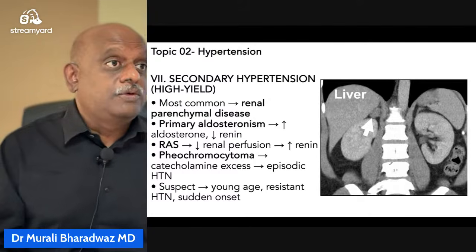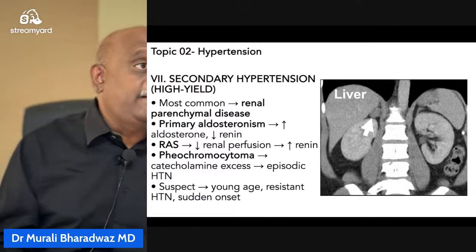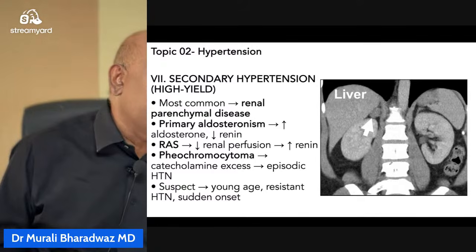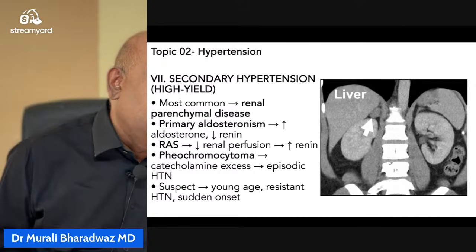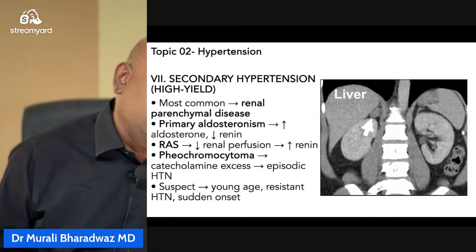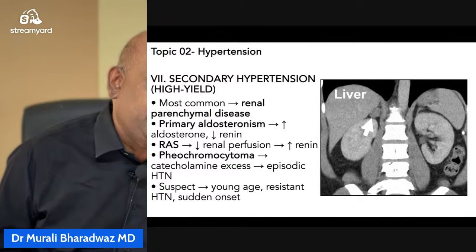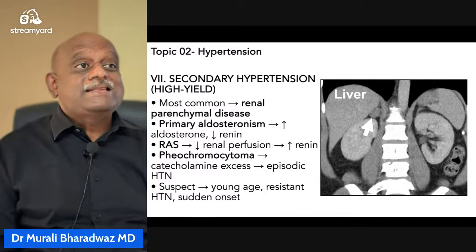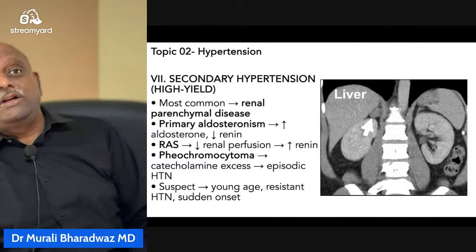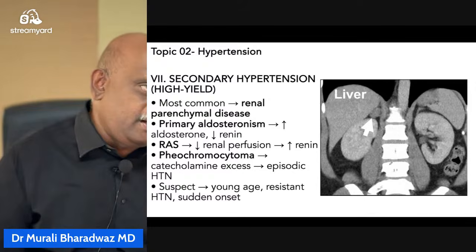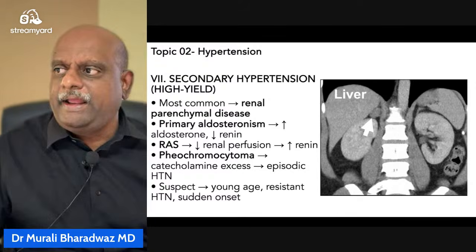Conn syndrome, which is primary aldosteronism, will lead to increased aldosterone and lead to development of sodium retention, water retention, and hypertension. What do you mean by secondary hyperaldosteronism? Primary is an adrenal adenoma. What is secondary?